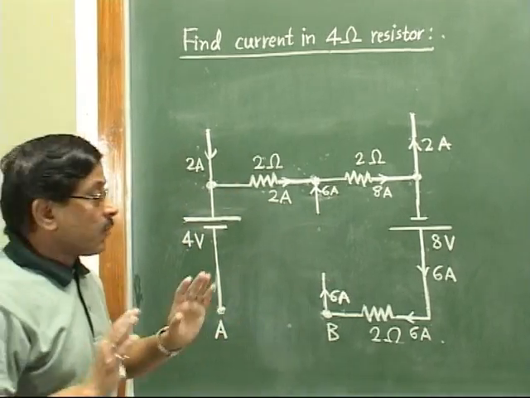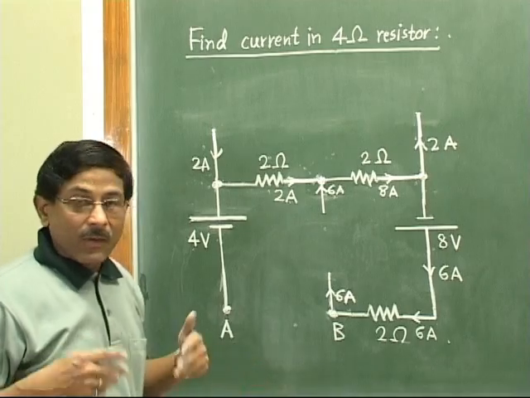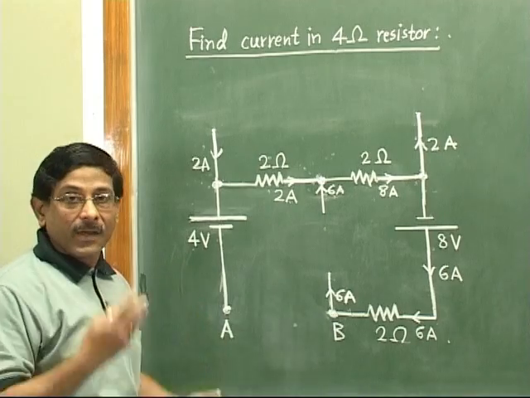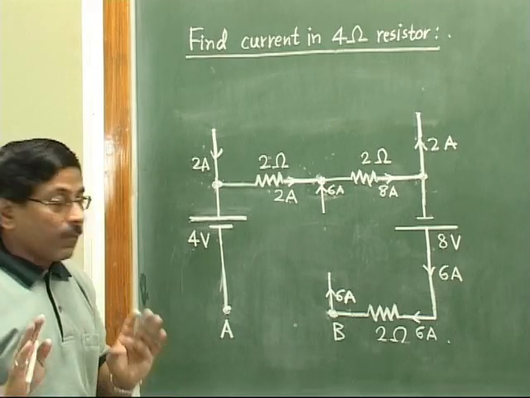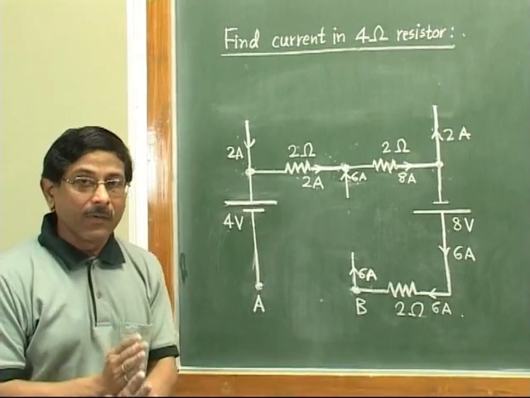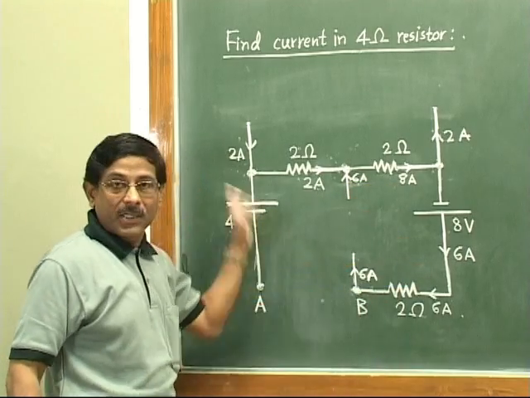So we have distributed the currents. Of course, for this circuit we did not require to assume any current variable. What we want in the second step is to distribute the current and find various branch currents. That we have done. We know now all the branch currents.